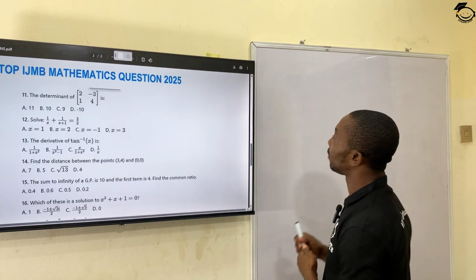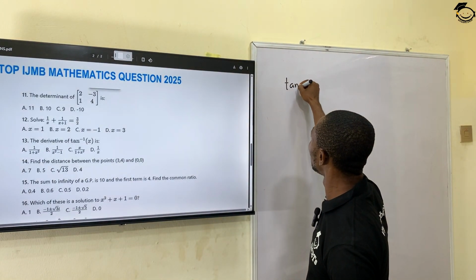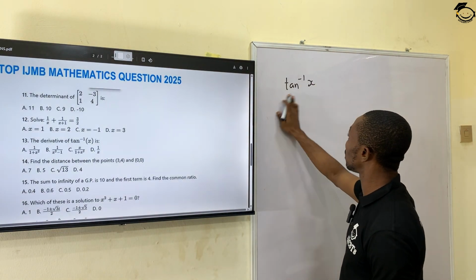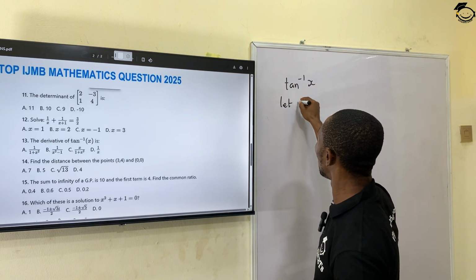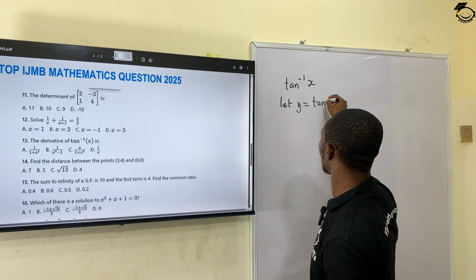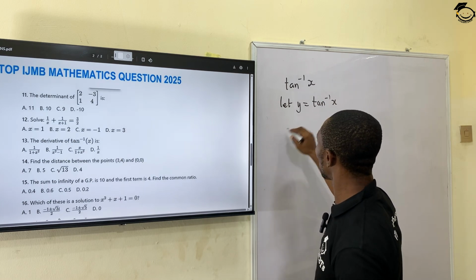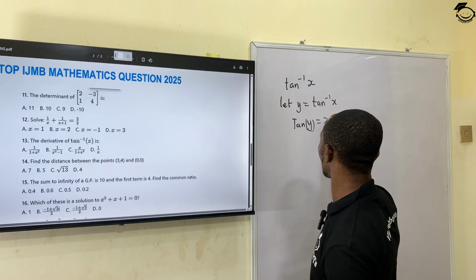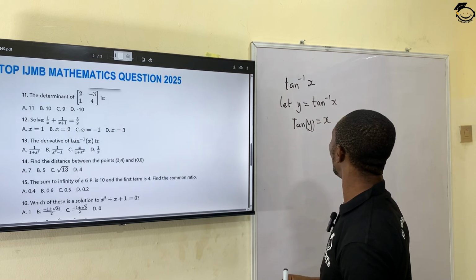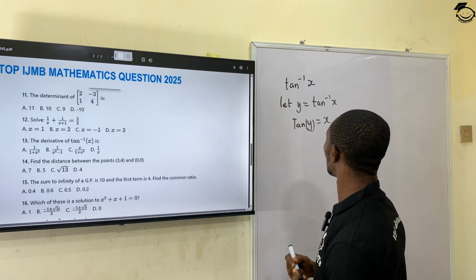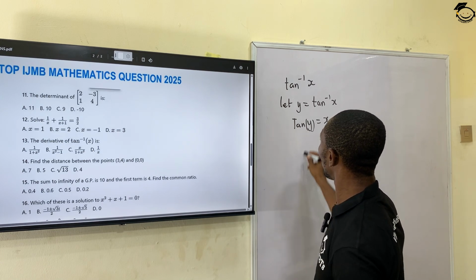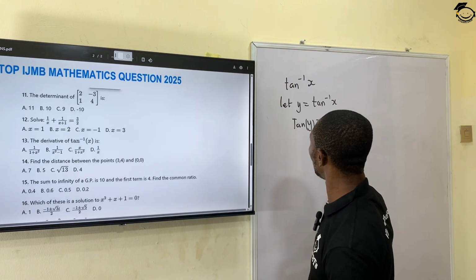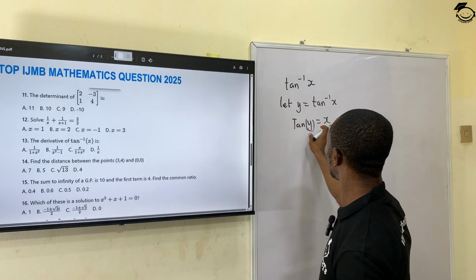The derivative of tan inverse of x is, now for us to solve this, we'll start with let y equals tan inverse of x. So we can now say that tan y equals x. If our tan y equals x, we can now find our dy/dx of this.